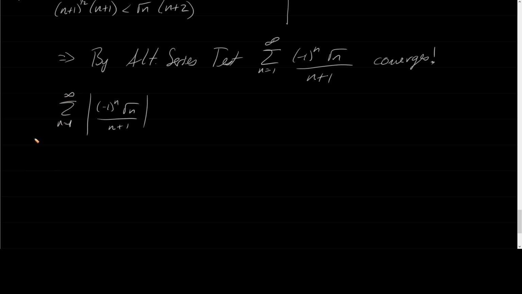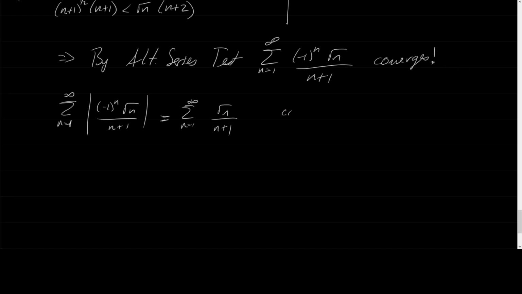So what does this give us? This gives us the summation from n equals 1 to infinity of the square root of n over n plus 1. And what we want to do is see what this does. If it converges, then we know that by the alternating series it converges absolutely. If this diverges, then our original series will converge conditionally.